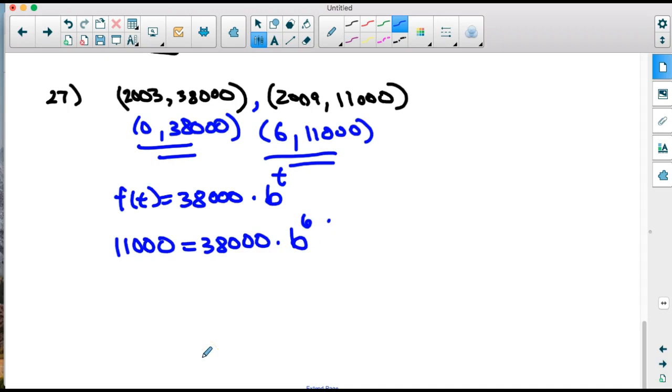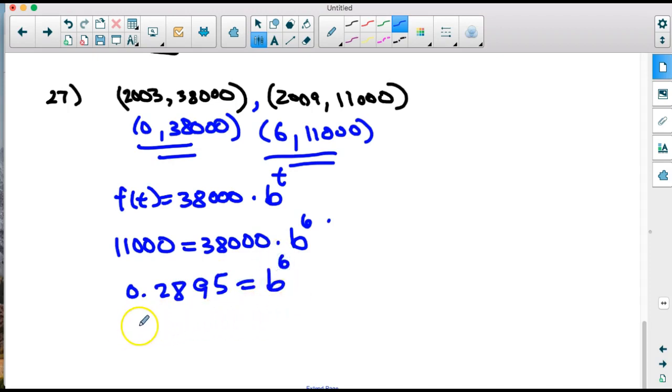Okay, I'm going to divide the two numbers. 11,000 divided by 38,000, I get 0.2895 equals b to the 6th power.